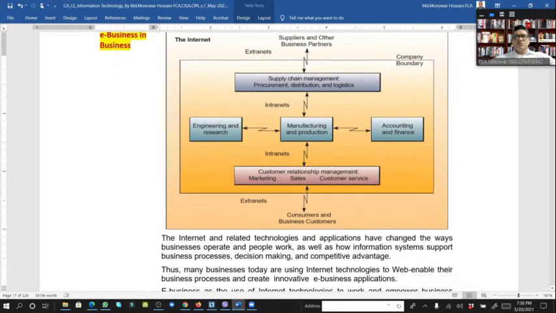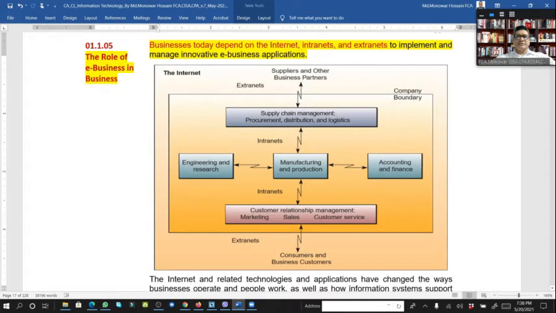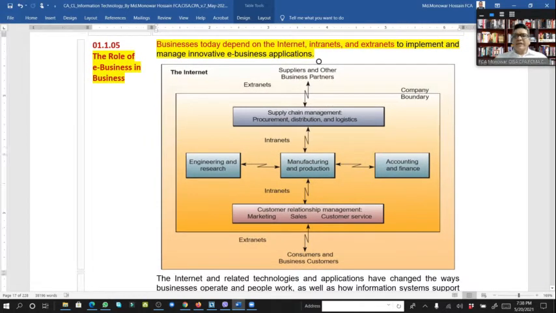If we look here, within the organization there is manufacturing and production, and we know the elements of cost: material, labor, and overhead. In a manufacturing process, if we input material and give the labor and overhead, then we are able to make the product.